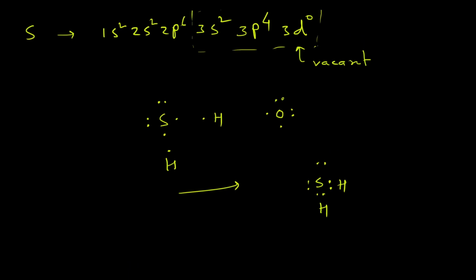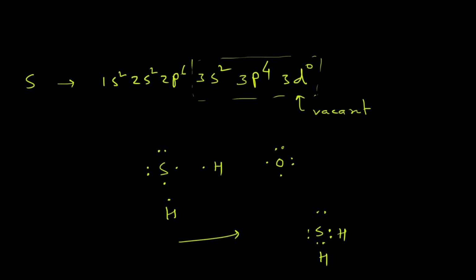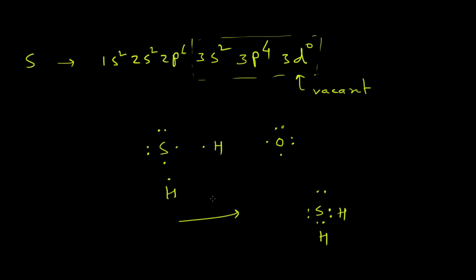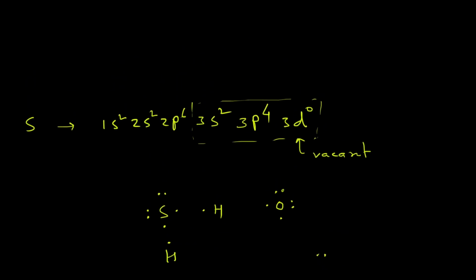But if you interact with highly electronegative elements like fluorine, then sulfur can extend its valency. So here what is the valency of sulfur? It is 2, just like oxygen, but in case of sulfur and fluorine covalent interaction, the normal valency will be extended to 6. And how is this possible?